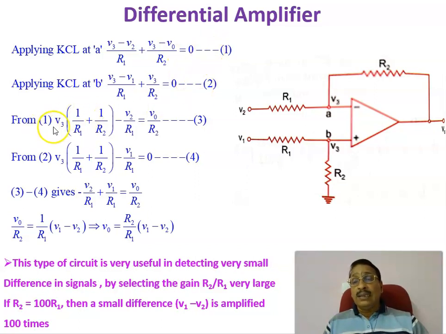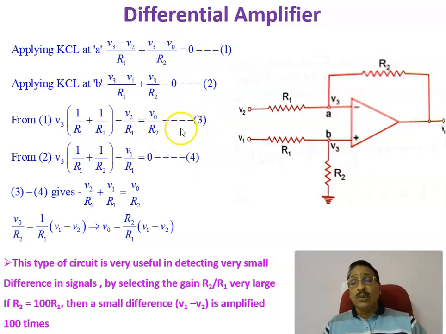From equation 1, grouping terms, we get V3 times (1 by R1 plus 1 by R2) minus V2 by R1 equal to V0 by R2.